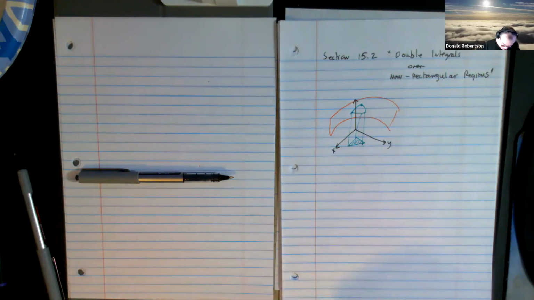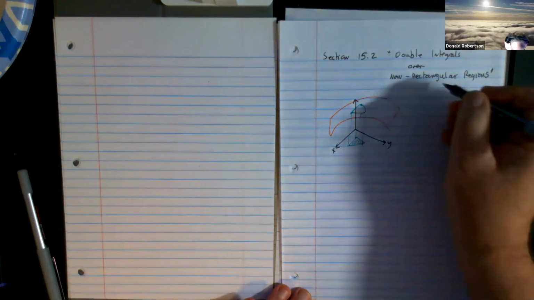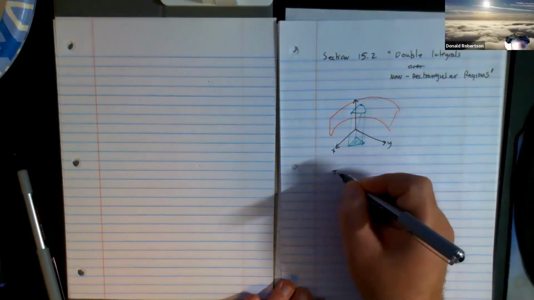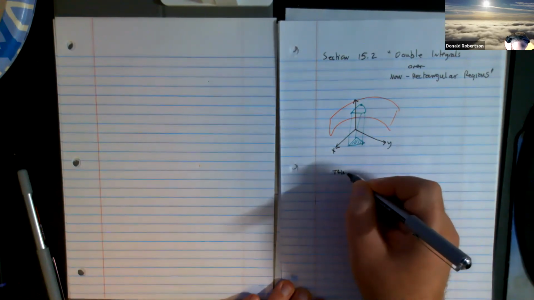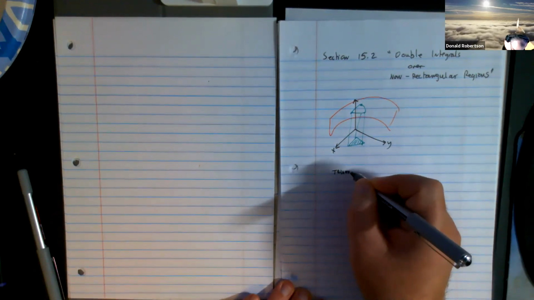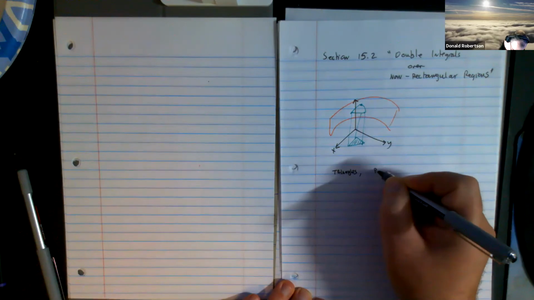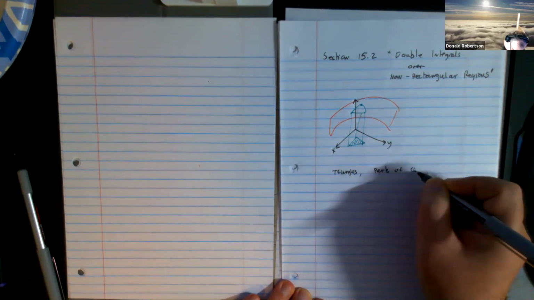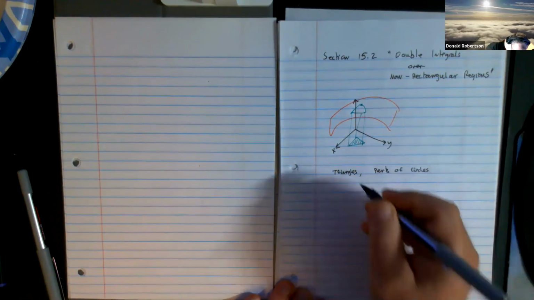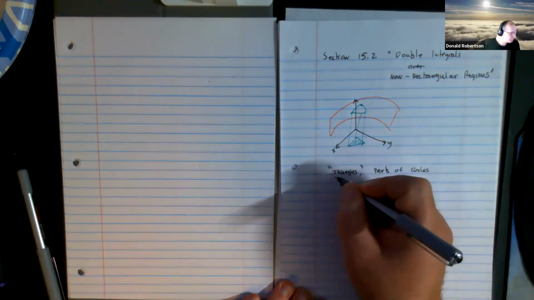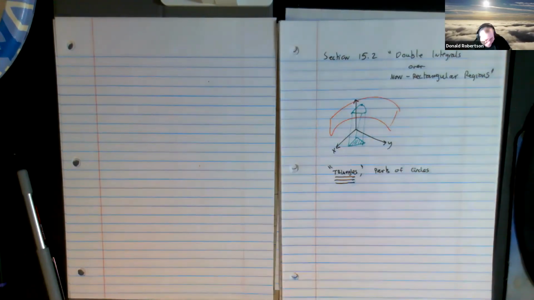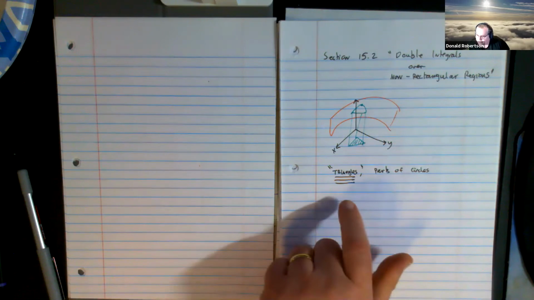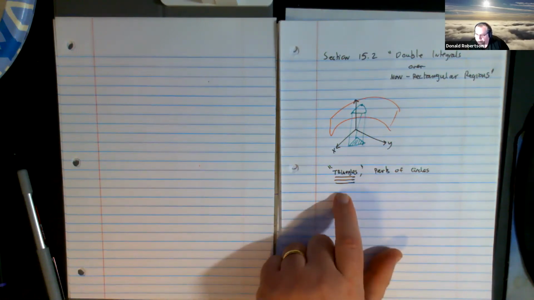So the types of shapes that you're going to typically deal with are triangles, parts of circles, but mostly triangles. So far, so good.